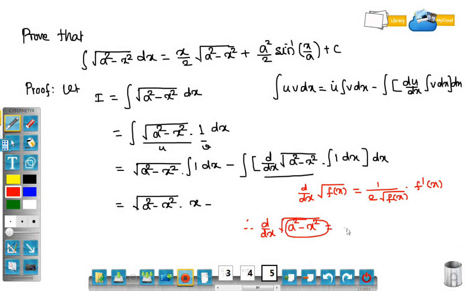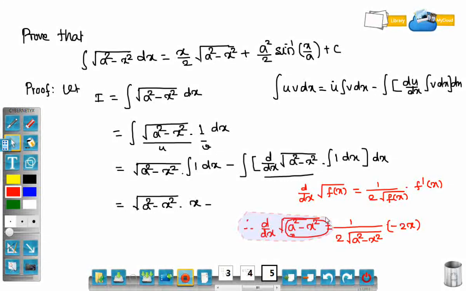So I can write this as 1 upon 2 under root of a square minus x square into f dash of x, the derivative of a square minus x square. The derivative of a square is 0, minus that of x square is 2x, so this becomes minus 2x. This is the derivative of under root of a square minus x square, which I will use there.